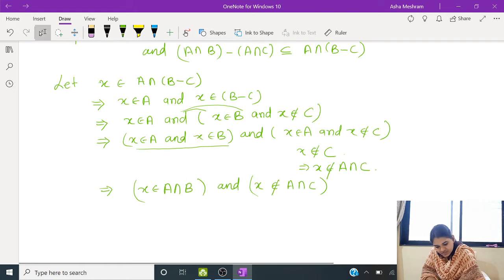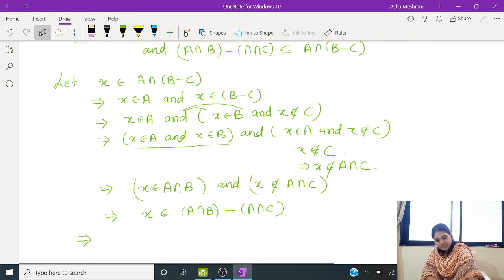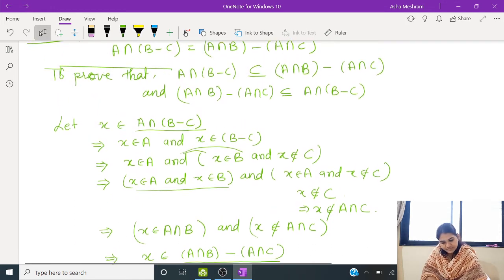So by the definition of subtraction, the difference of two sets, this can be written as x belongs to A intersection B minus A intersection C. So now we had considered one element in this set, A intersection B minus C, and we have shown this element belongs to this set.